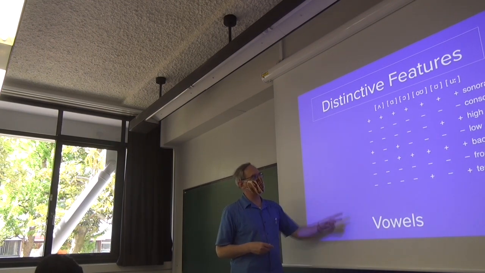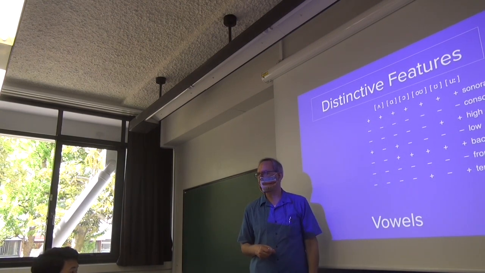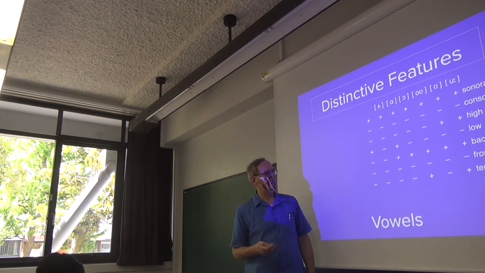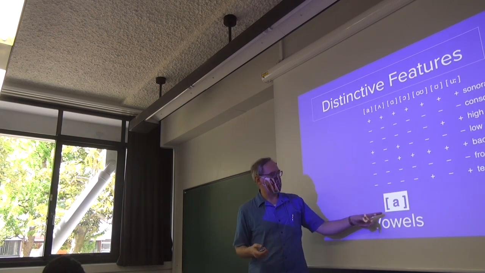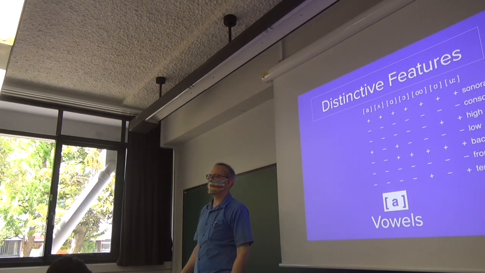Now we change one of those minus features from minus low to plus low. So now it's a low vowel. Right? Well, that would be the vowel we don't have in English as a monophthong, but it would be a low central vowel.